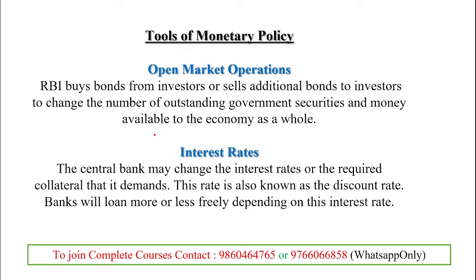Whenever there is inflation, there is lots of money supply in our economy. So the RBI wants to regulate the money supply by selling the securities. Okay, so the commercial banks will pay money to the RBI. And in buying, the RBI buys the securities.